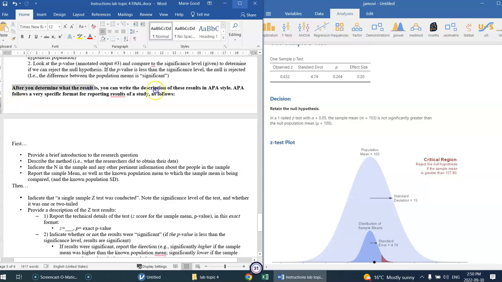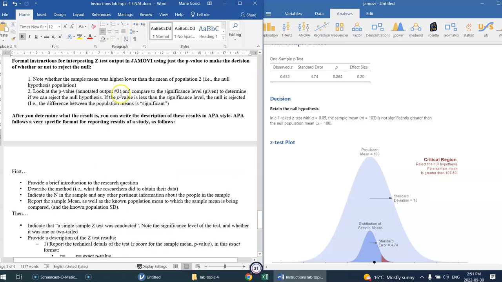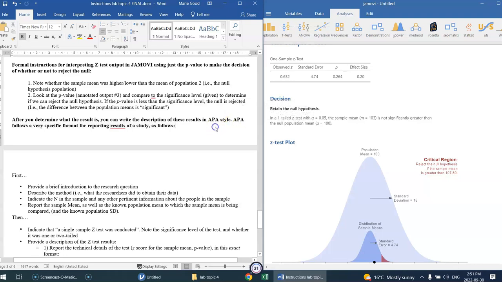After you determine what the result is, what I want you to get used to doing, and we're going to be doing this a lot over the course of the semester, is to write a description of the results of your hypothesis test in APA style. So APA follows a really specific format for reporting results of a study, and this is a little bit of a guide to APA style reporting.